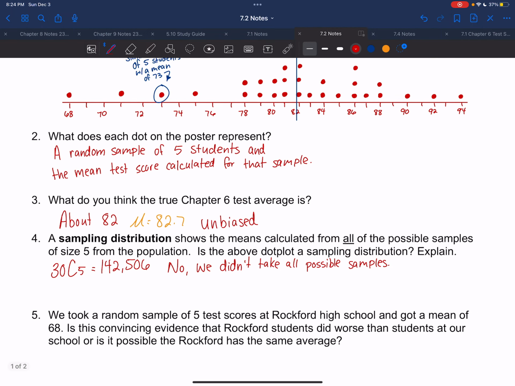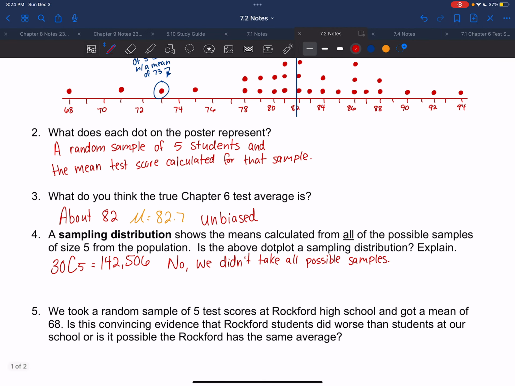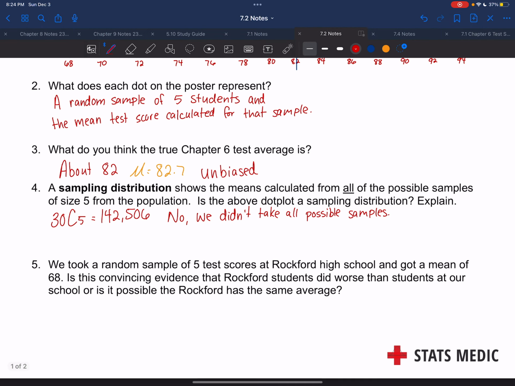Okay. Now, number 5 says, we took a random sample of 5 test scores at Rockford High School and got a mean of 68. Is this convincing evidence that Rockford students did worse on their test than students at our school, or is it possible that Rockford has the same average? So they give us this other school, Rockford High School, and it's asking us, are they in the same ballpark of ability as we are? All right.